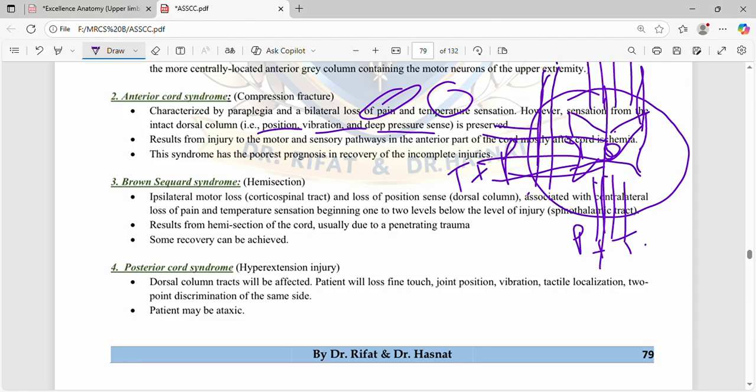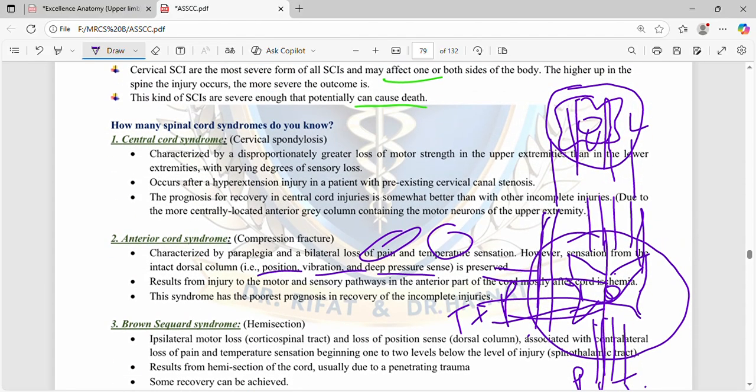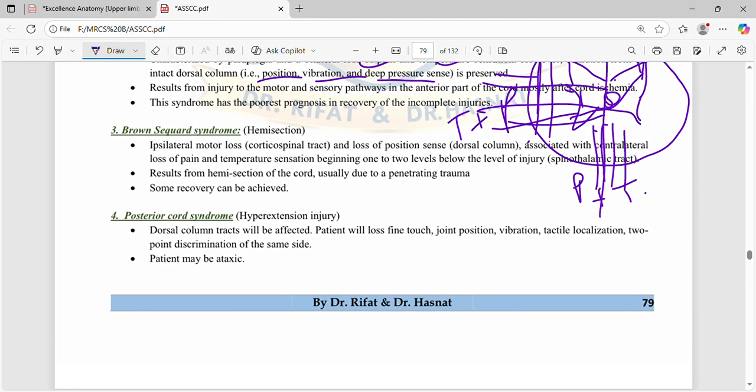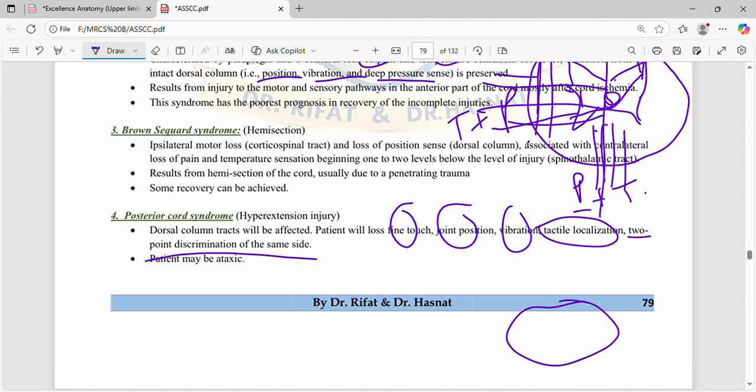Posterior cord syndrome is a hyperextension injury, the same mechanism as the central cord hyperextension injury. In posterior cord, the dorsal column tracts will be affected. The patient will lose fine touch, proper touch, joint proprioception, vibration, and tactile localization. Two-point discrimination is lost on the same side, because these pathways go on the same side and then decussate at an upper level.